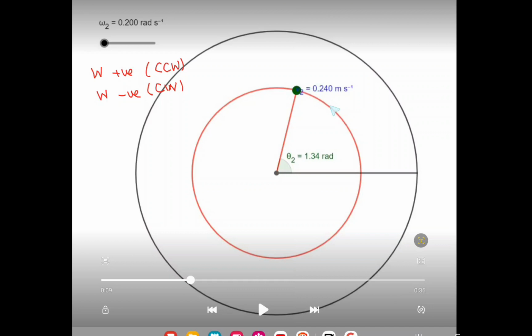Now the tangential velocity in this case is equal to r omega. Now the one that changes is the tangential velocity because it depends on the radius of the circular path.